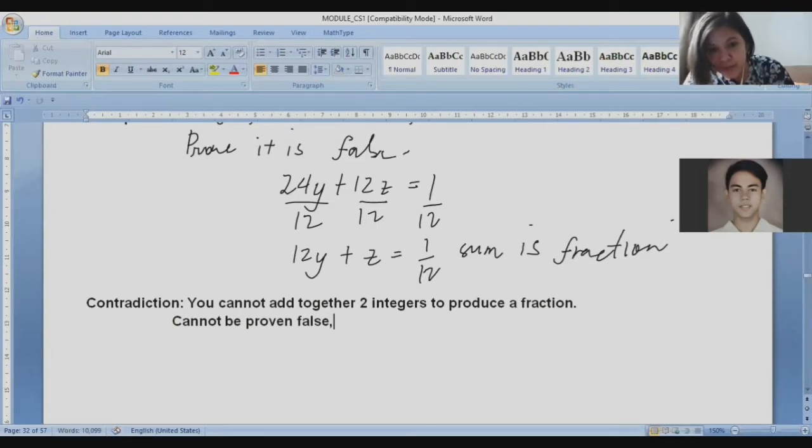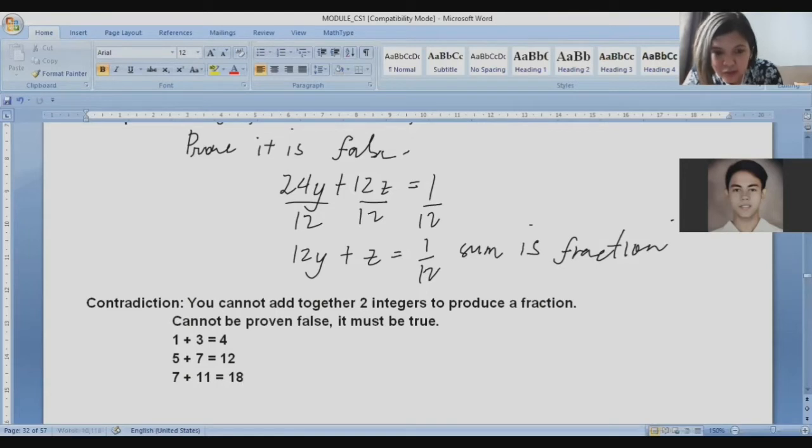So, if it cannot be proven false, it must be true. It is true that you cannot add two integers and get a fraction. Why? Because you cannot prove it false. When you add, like I said, 1 plus 3 is equal to 4, exact, not a fraction. A fraction is a non-integer, a different name. 5 plus 7 is 12. 7 plus 11 is 18.